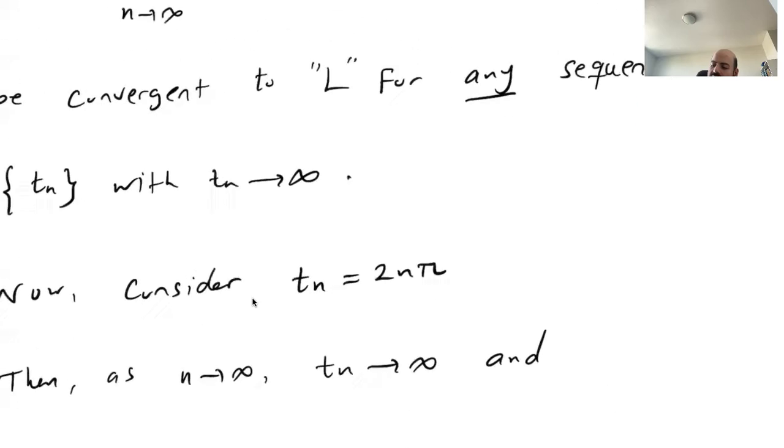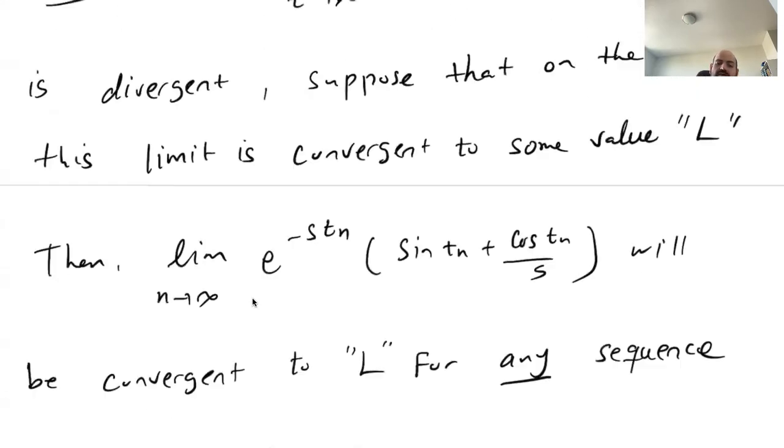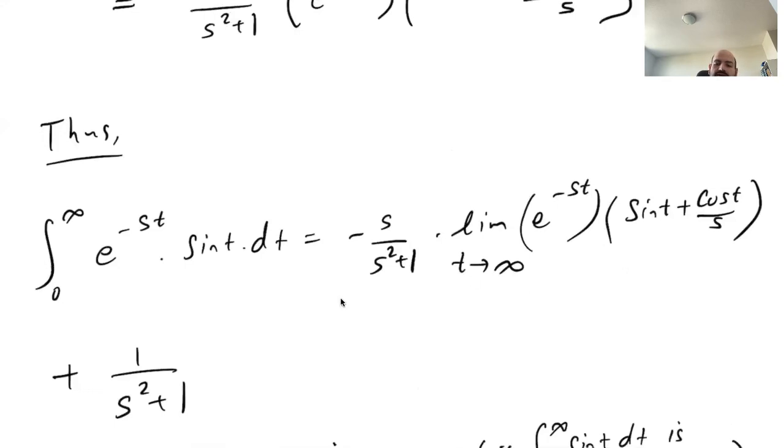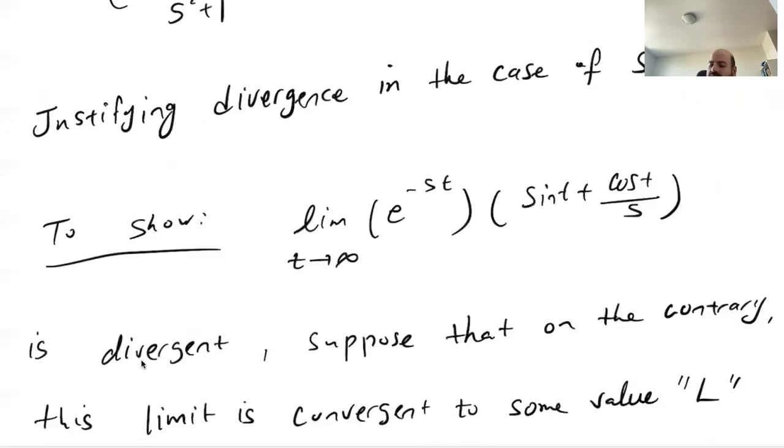Remember that this integral, which was the same as the Laplace transform, we showed is equal to this expression plus 1 over s squared plus 1. But we just showed that this expression in the case of s less than 0 is divergent. So this whole expression, once you multiply with a constant, you add another constant, still it will be divergent. So in this case, this will be divergent.